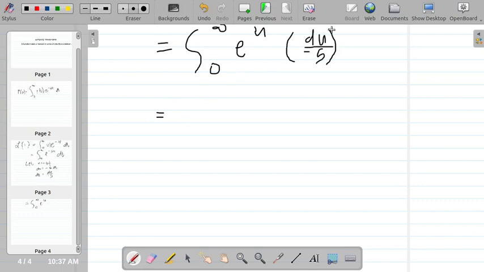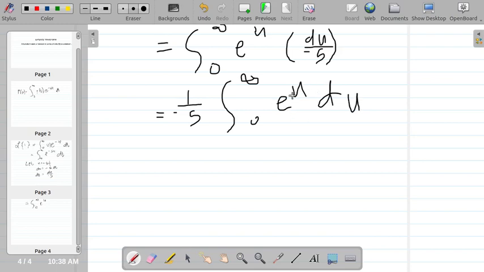Any variable that does not contain t can be considered a constant. So we can take it out of the integral: 1 over negative s times the integral from 0 to infinity of e raised to u du.